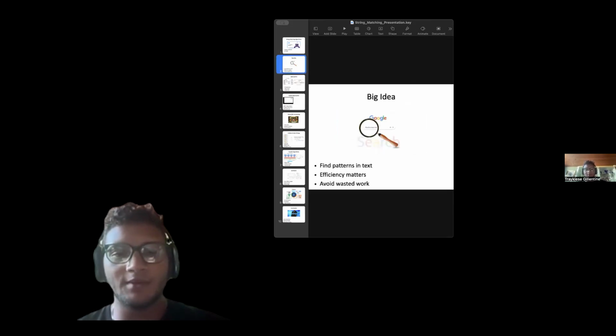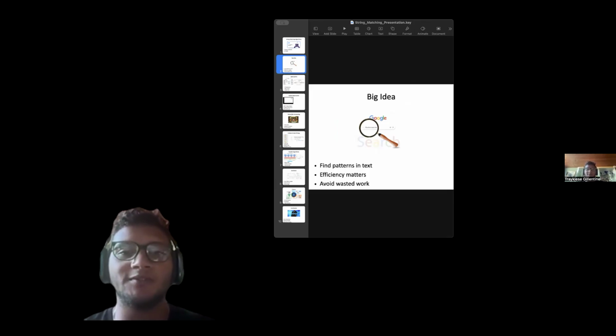All right, the big idea. The big idea behind string matching is straightforward. We want to find patterns inside larger bodies of text. That can mean finding a keyword in a search engine, detecting malware in real time, or identifying a DNA sequence. The challenge comes from scale.